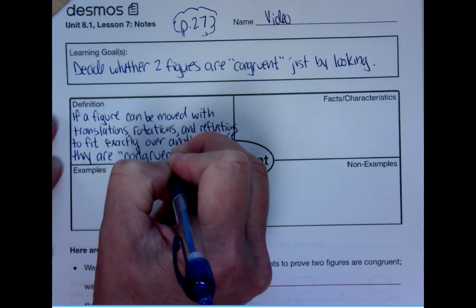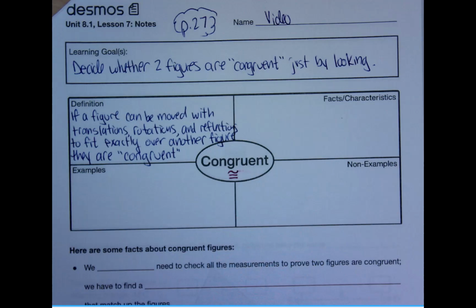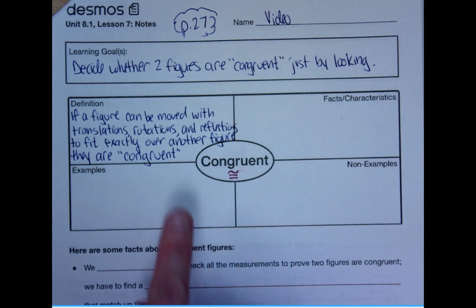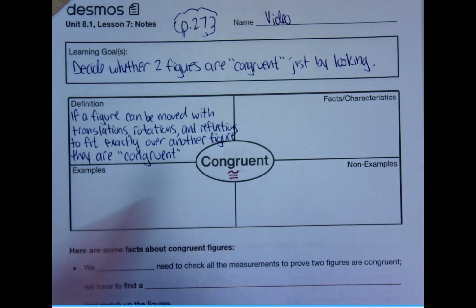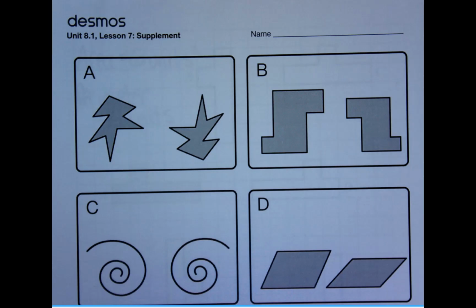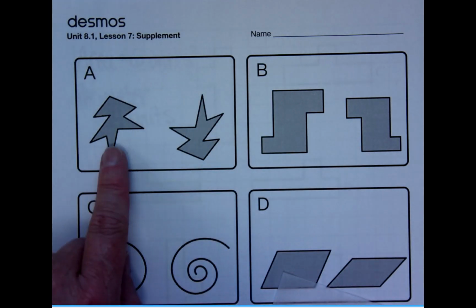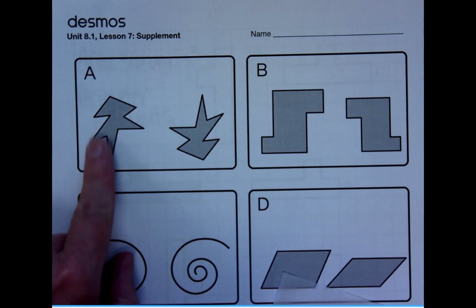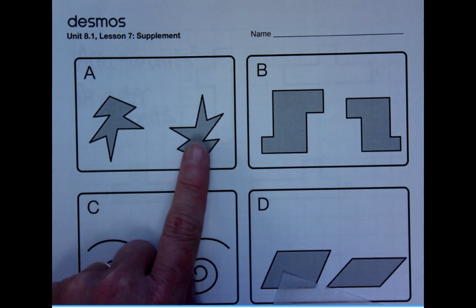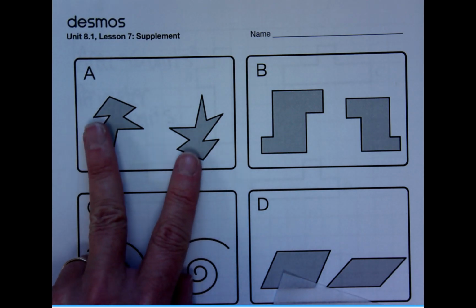And really, this is what we've been doing all along as we've been rotating and translating and whatnot. I'm going to take just a moment away from these notes and refer to the activity that we had in class today. You can just watch right now. So we just said, if I can take this figure and just rotate it or translate it or reflect it to set it on top of this one, then I can say that these two figures are congruent.